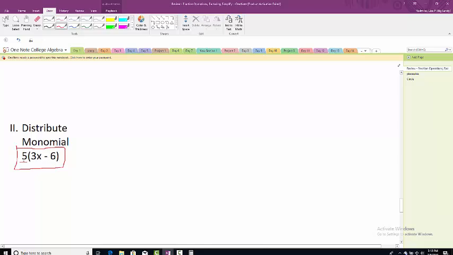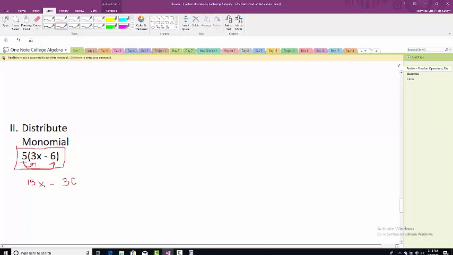So we're going to take it in parts, or distribute the 5. We're going to multiply the 5 times 3x, and then we're going to multiply it by minus 6. So 5 times 3x is 15x. And then 5 times minus 6 is minus 30.